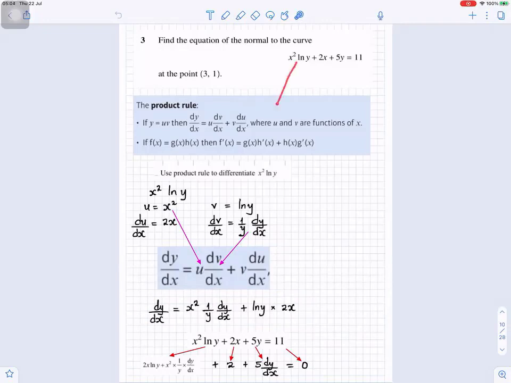The differential of x squared ln y gives us 2x ln y plus x squared times 1 over y dy over dx. Differential of 2x is 2, and differential of 5y is 5 dy over dx. And differential of 11 is 0.